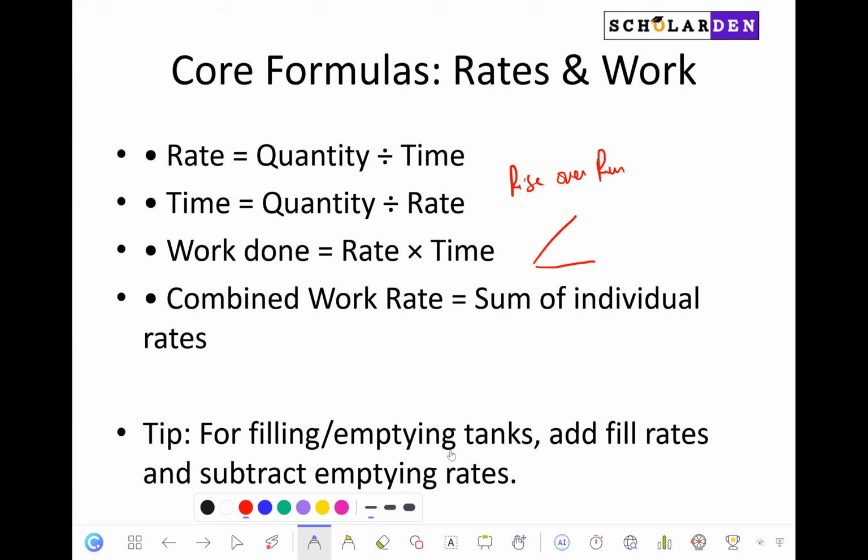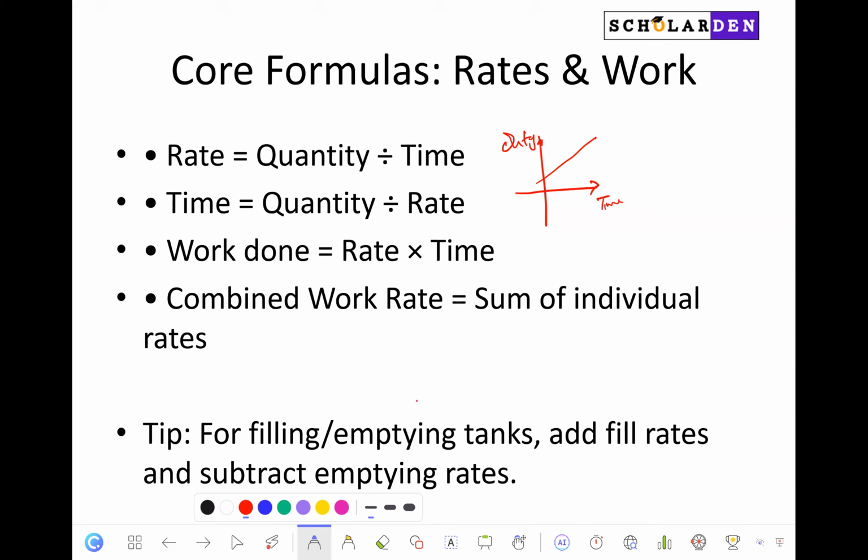The rate tells us the amount of work done, or the quantity, when you have time on the x-axis, and that gives us the rate.